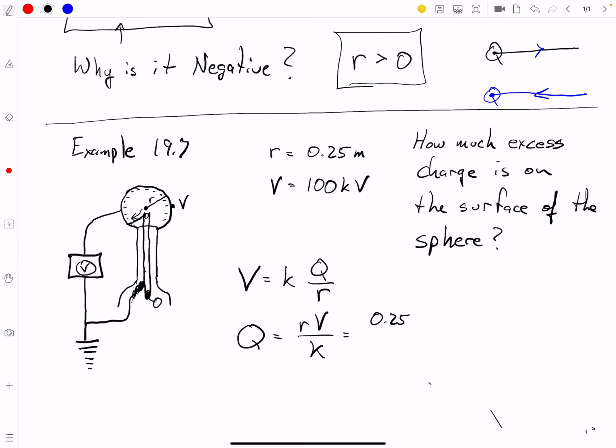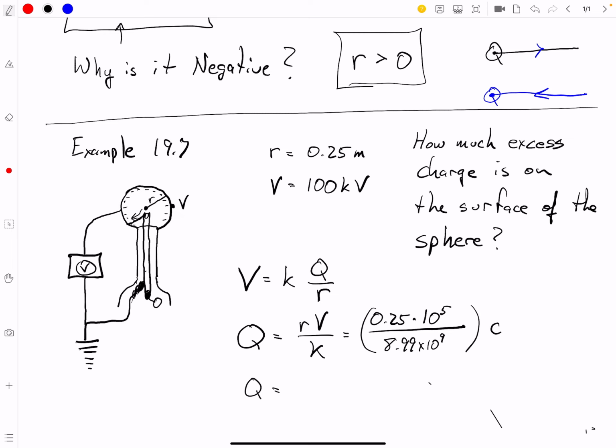Our voltage is 100,000. So that's 10 to the 5. And we're dividing by 8.99 times 10 to the 9. And that whole thing is going to be coulombs.